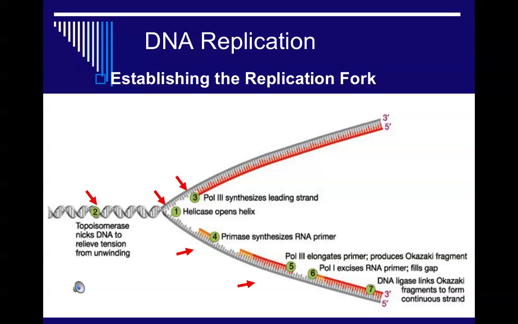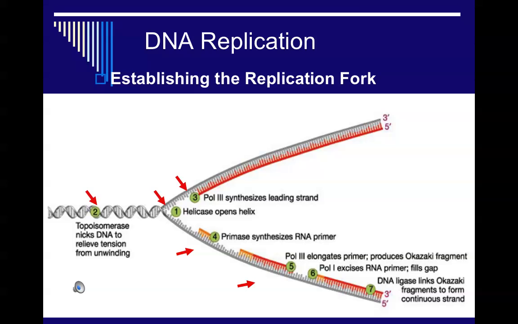We're going to need an enzyme called primase to create an RNA primer on the lagging strand. And that's going to allow DNA polymerase III to bring in complementary deoxyribonucleotides and fill in as much as it can until it meets another RNA primer.